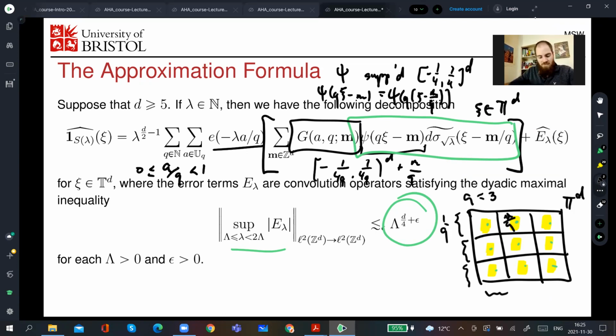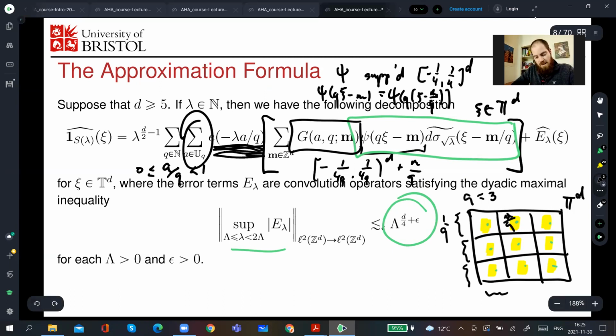And of course, I have this for every A and every Q. So I actually have about Q layers of this from this sum. And those get modulated differently by that character right there. And then, of course, I have an infinite number of layers stacked on top of that, coming from all the different moduli.